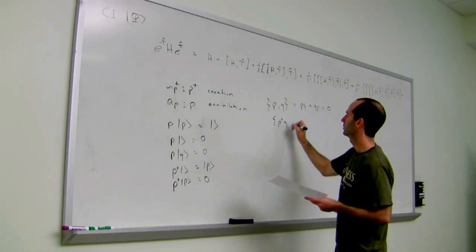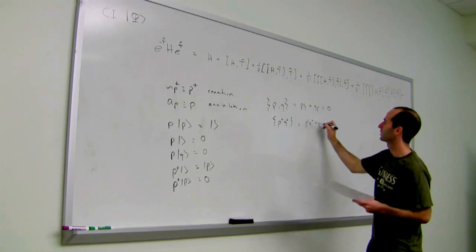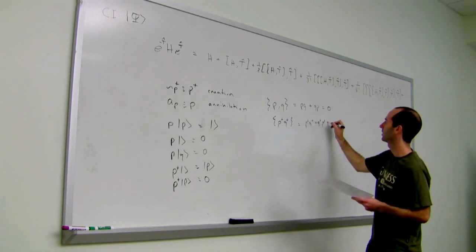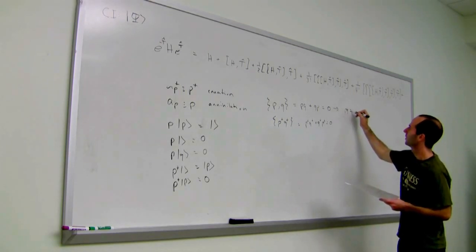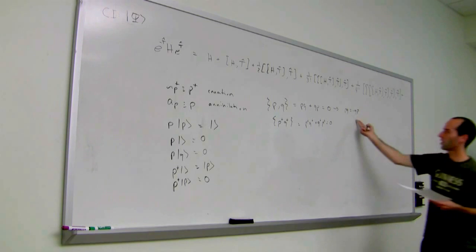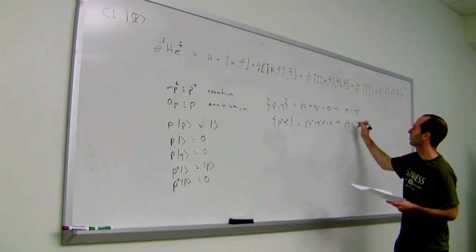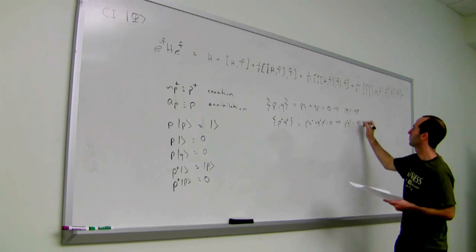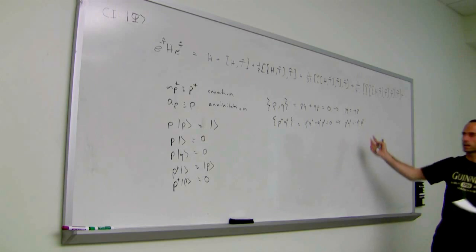The anticommutator of p dagger and q dagger, p dagger q dagger plus q dagger p dagger, is also 0. This implies that pq equals negative qp. So if you want to swap them, you just get a minus sign. This implies p dagger q dagger equals negative q dagger p dagger. Again, swapping the operators, you'd get a minus sign.